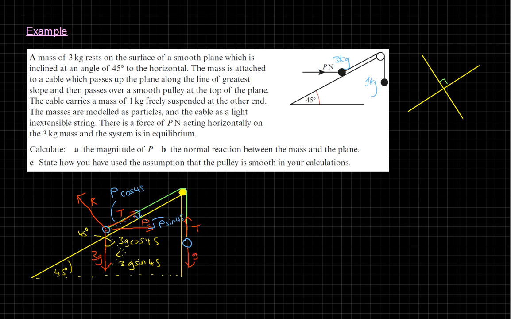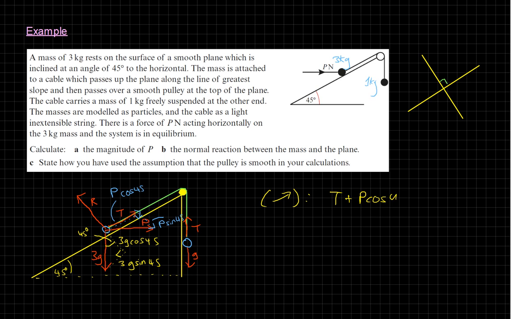So now let's resolve the forces. The forces going, let's say, up the plane. Okay, what have we got going up the plane? We've got, okay, the tension's going up. Let's write that, so that's T. What else have we got? The component of P going up is the blue one here, the P cos 45. That's also going up.